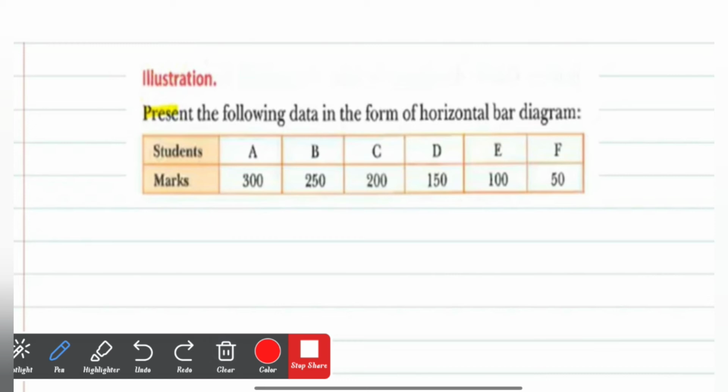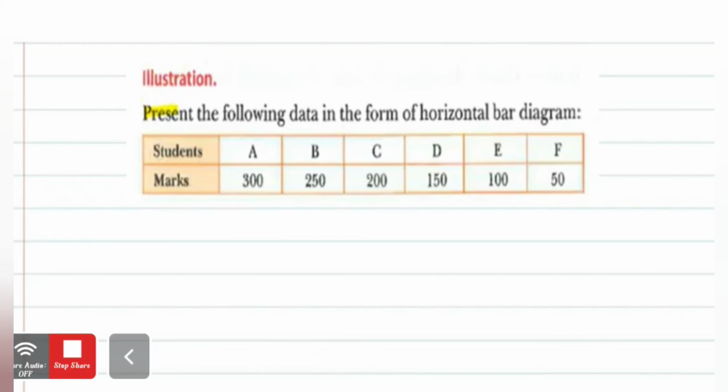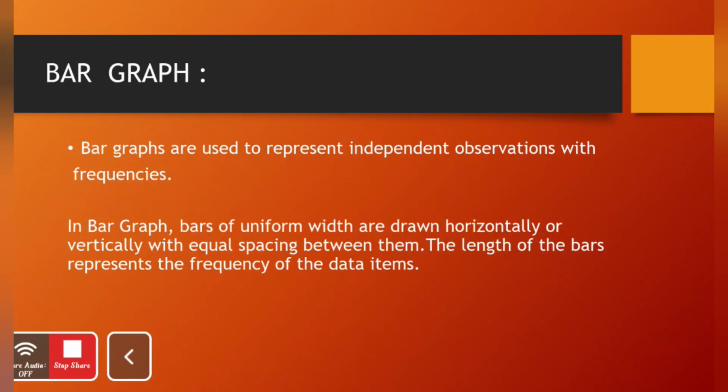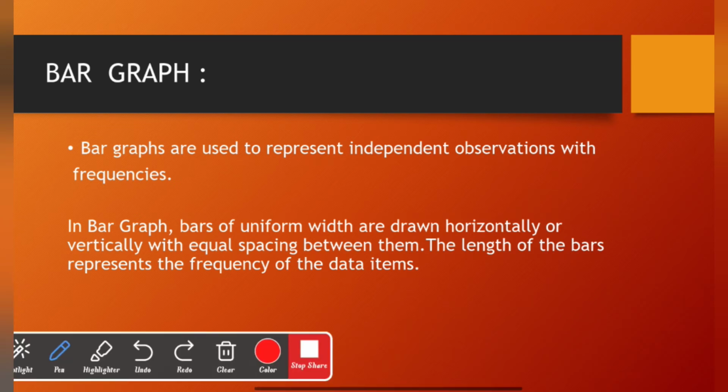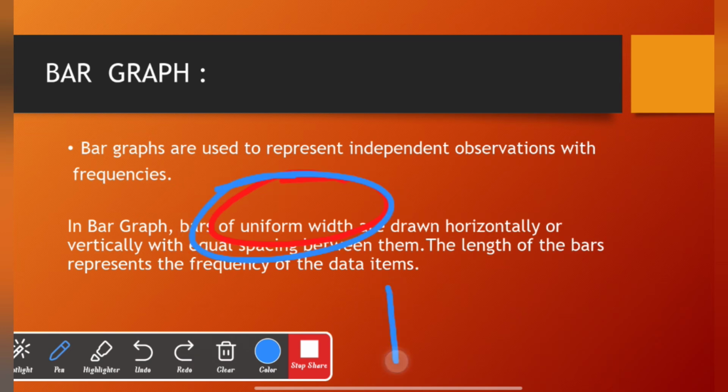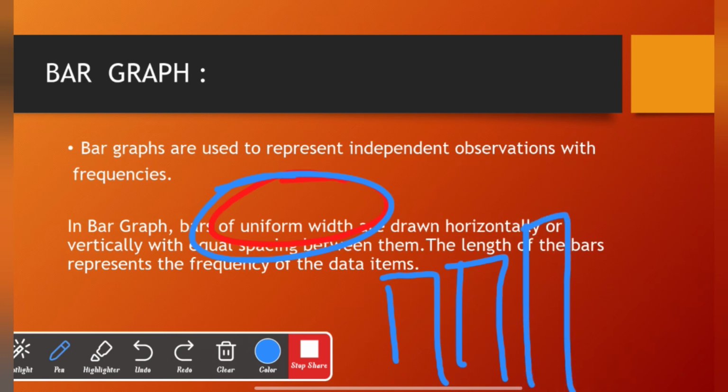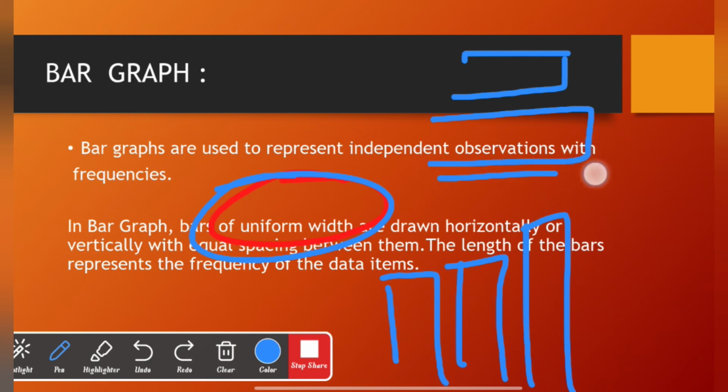So let us know more about bar graphs. In a bar graph, bars of uniform width are drawn. Uniform means equal. So equal width bars will be drawn either vertically or horizontally.